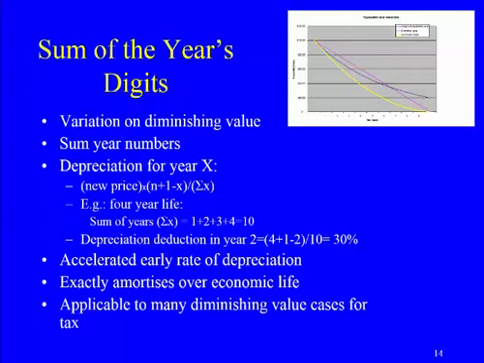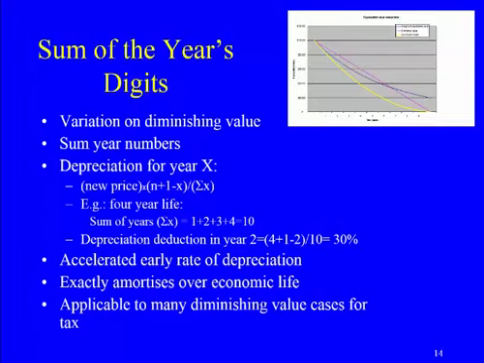One of these, which is often cited, is known as the sum of the year's digits approach. This system is almost a mathematical curiosity that works by working out the depreciation for each year based on that year's relationship to the numerical sum of each one of the years of ownership.